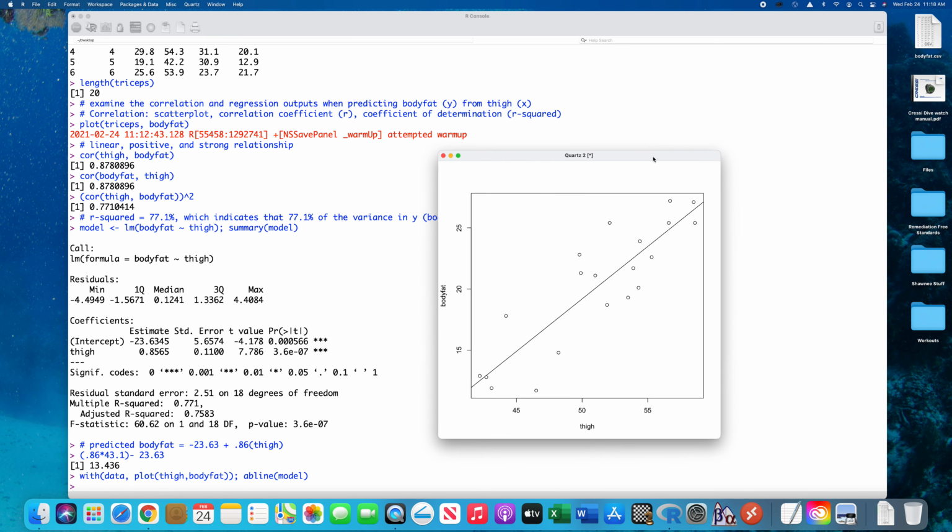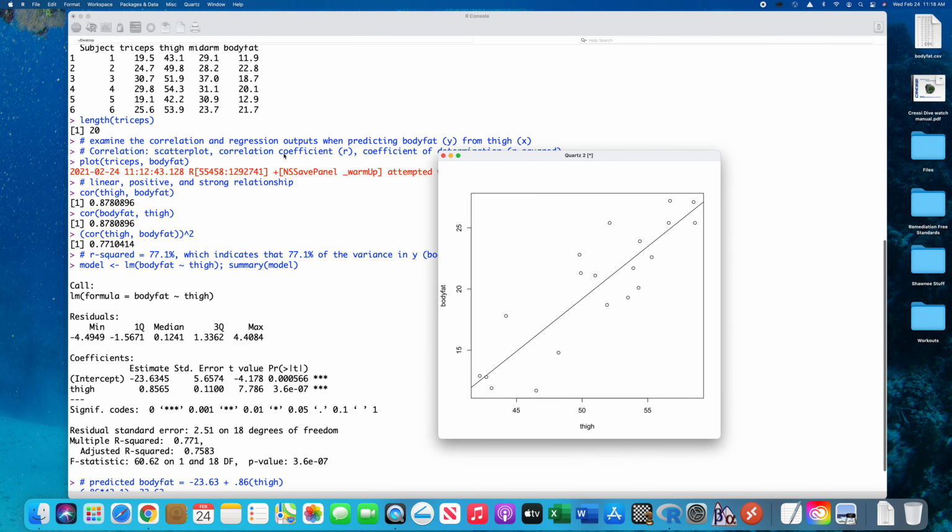So for this first subject, thigh of 43.1 is down about right here someplace. I can go up to the observed value, 11.9. I can go on up to the predicted value, which would be the value that falls on this point right here.